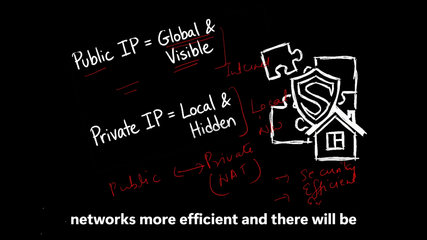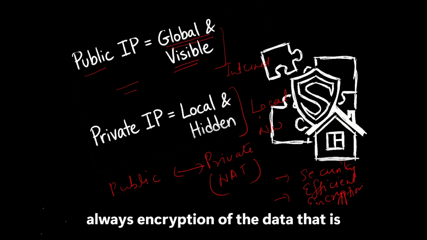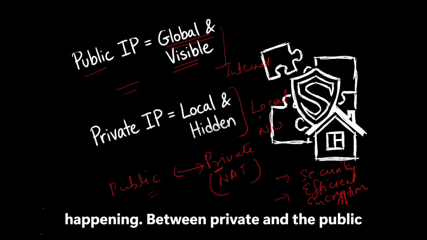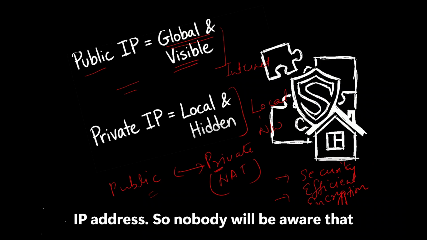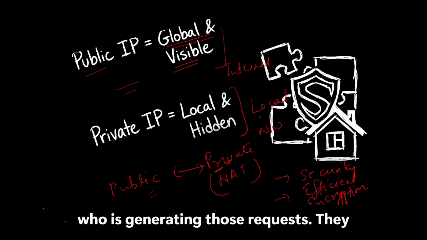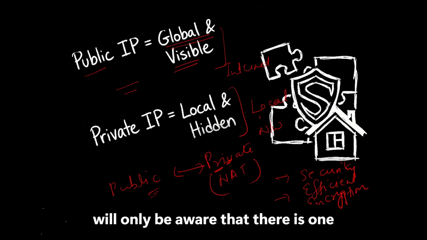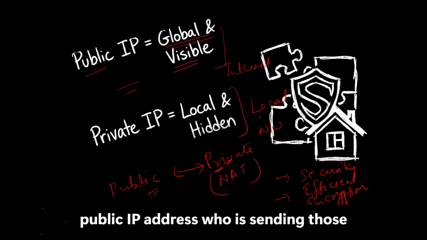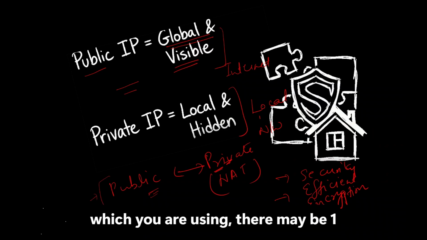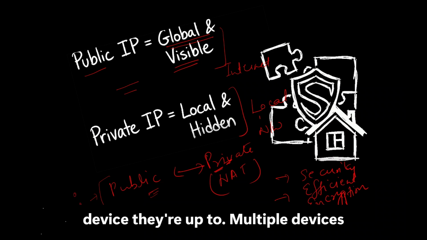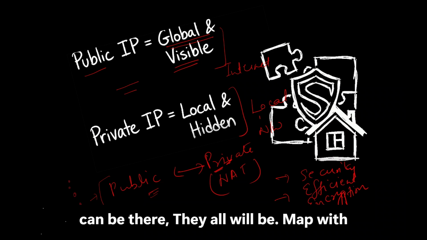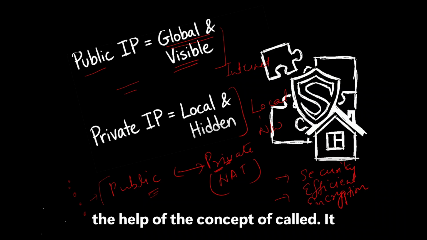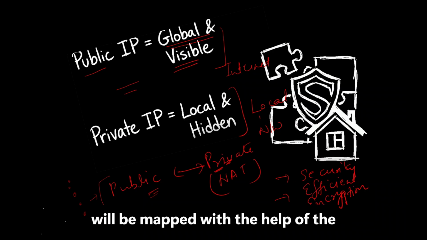Nobody will be aware of who is generating those requests. They will only be aware that there is one public IP address sending those requests. Behind this public IP address, there may be one device, or up to multiple devices, and they will all be mapped with the help of NAT.